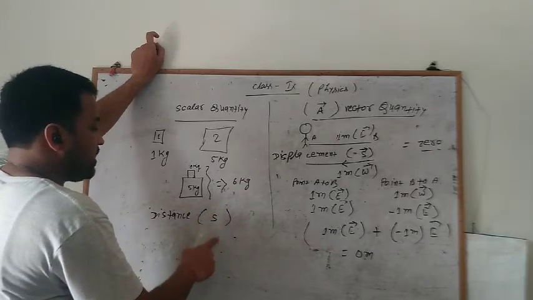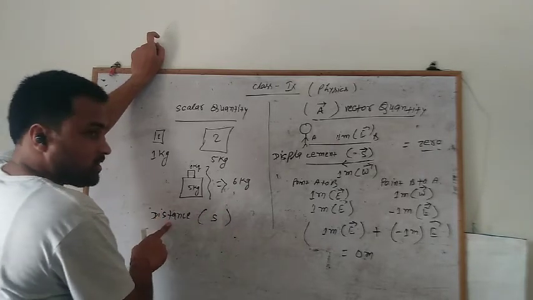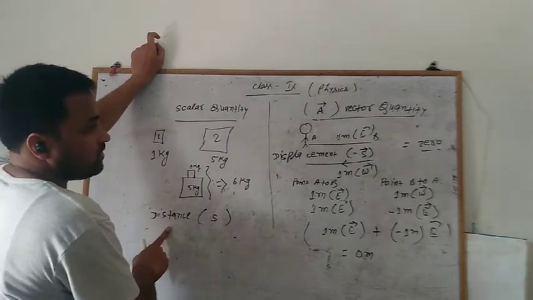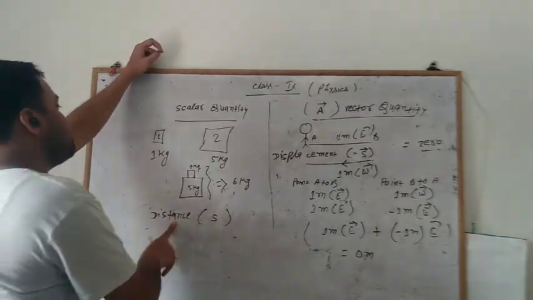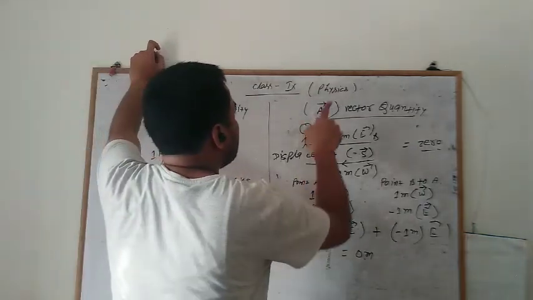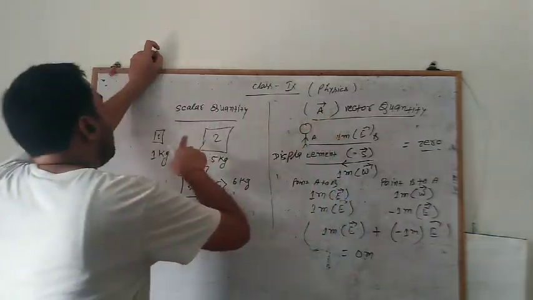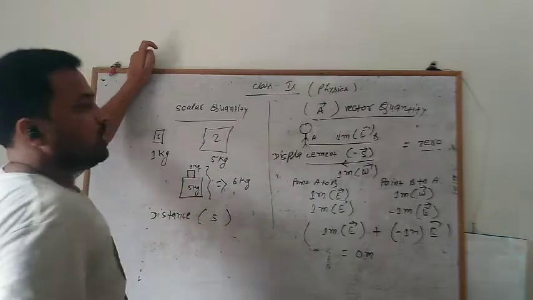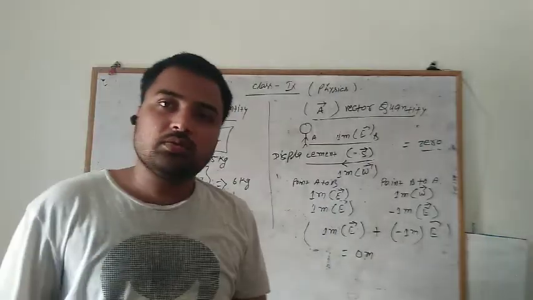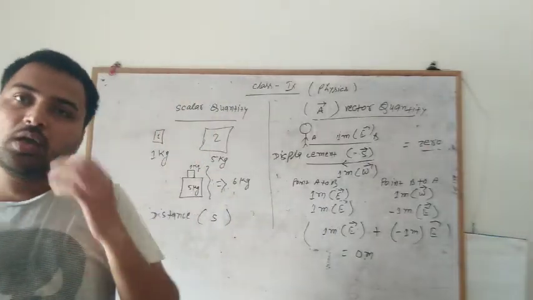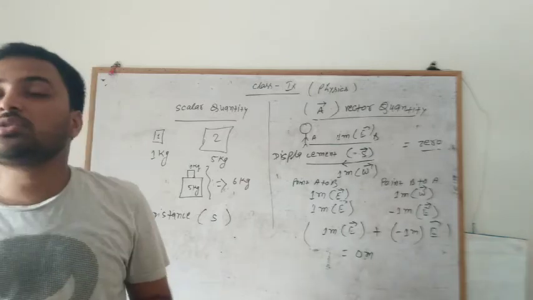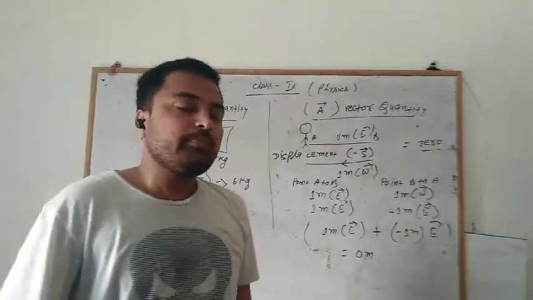When it has no arrow sign, it signifies distance and it has no direction, okay. So distance is a scalar quantity and displacement is a vector quantity. Vector quantities are represented with these symbols and scalar quantities by simple symbols, with no arrow signs above them.